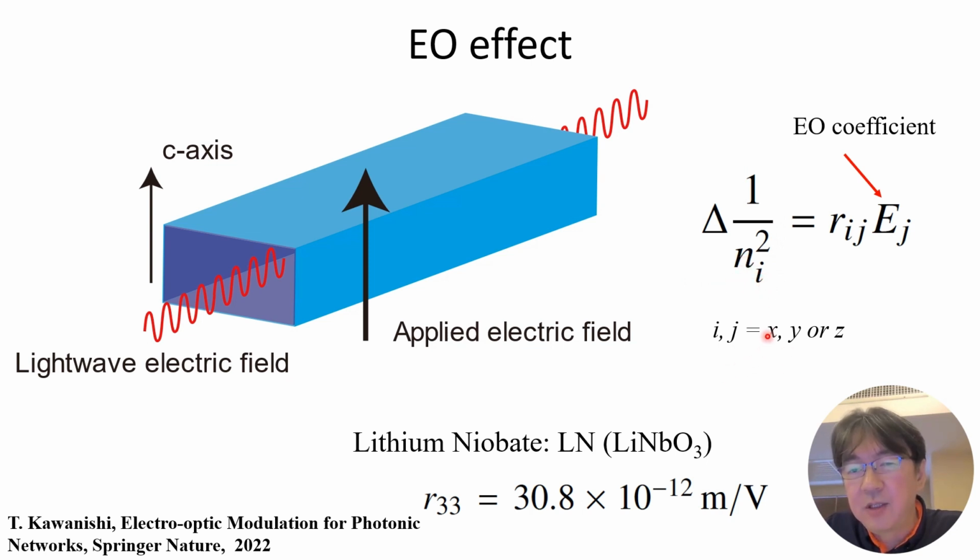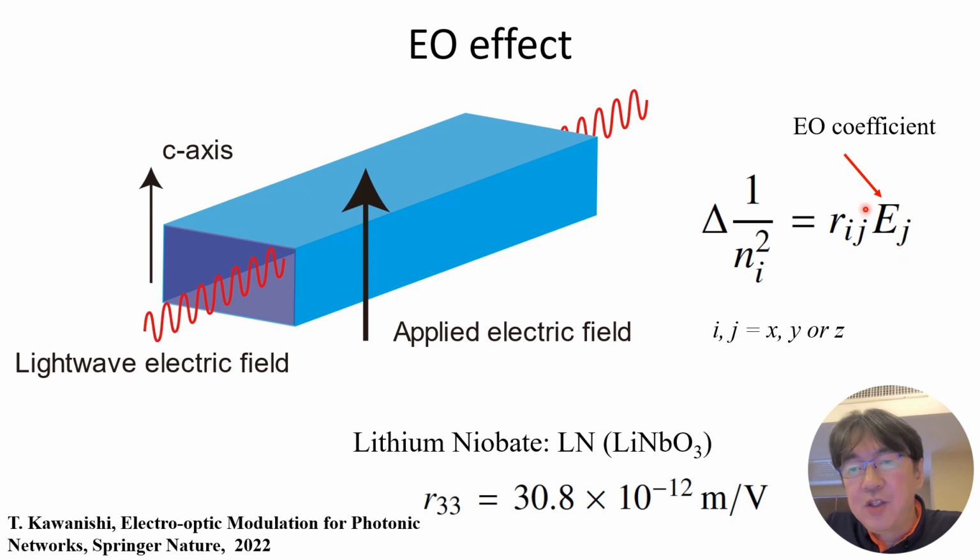Ni denotes the refractive index along X direction, Y direction, or Z direction. In the lithium niobate modulators, the Z-axis would be set to the C-axis. So the C-axis is along the Z direction.